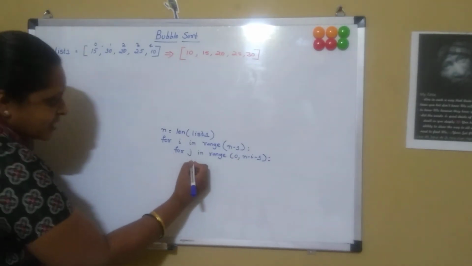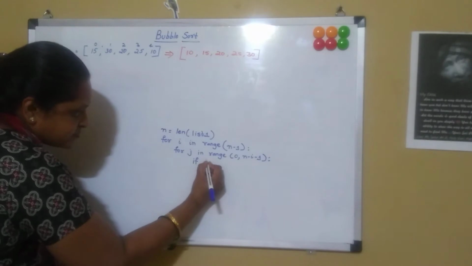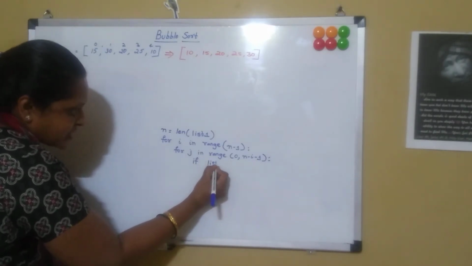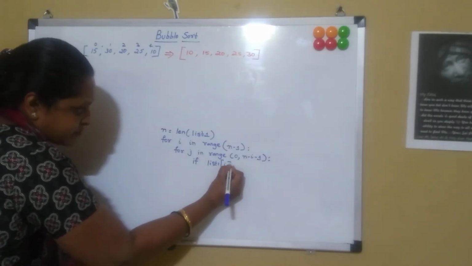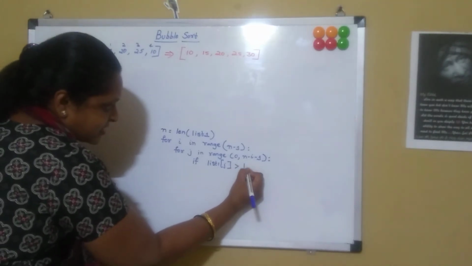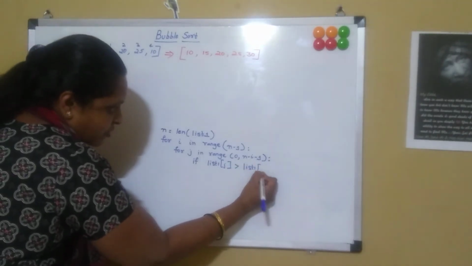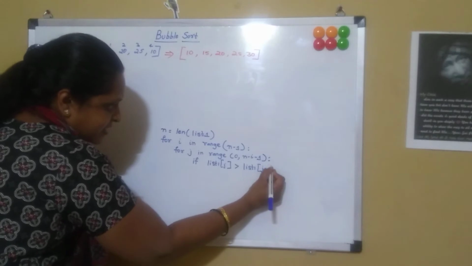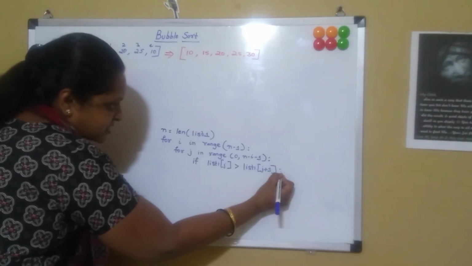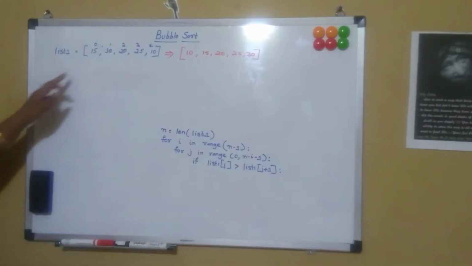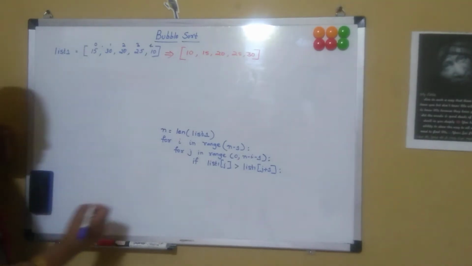And now let me say if list1 of j is greater than list1 of j plus 1, then I'll do the swapping. This is for ascending order, to sort the list in ascending order.